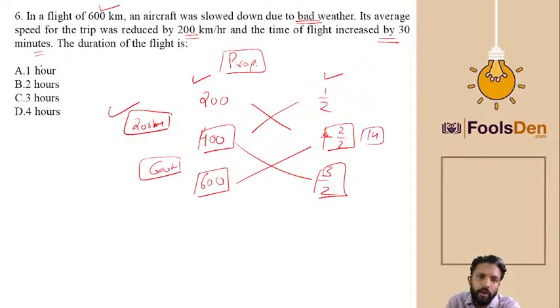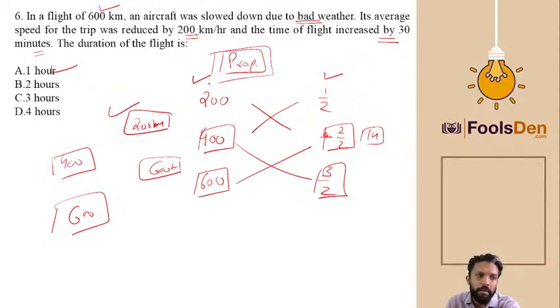Now suppose the question would have asked to tell his speed, both the speeds. So his original speed is 400, and due to bad weather, it is traveling with a speed of 200 kilometers. I already explained this concept in your regular classes. This is what the proportionate method is all about.